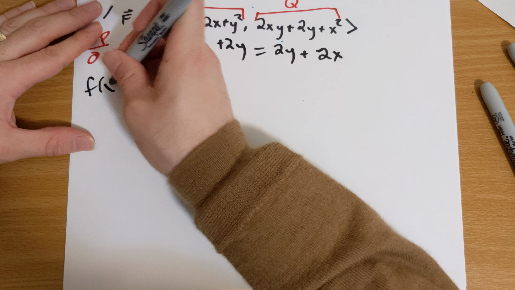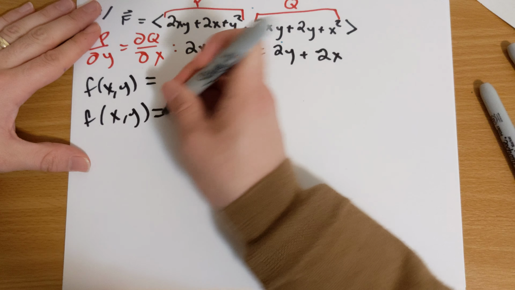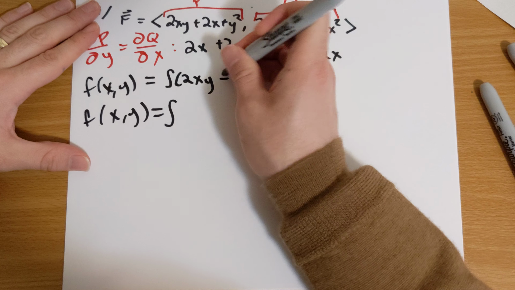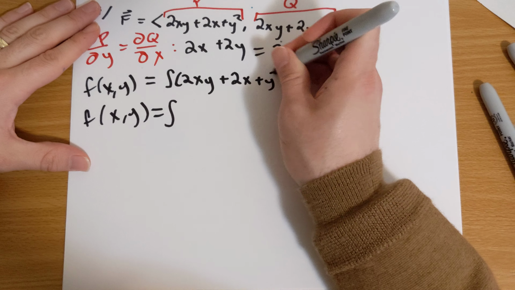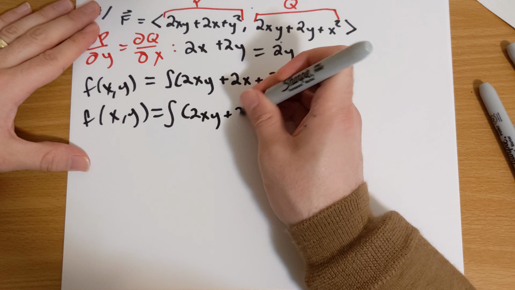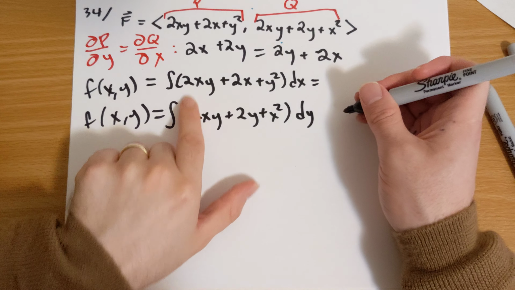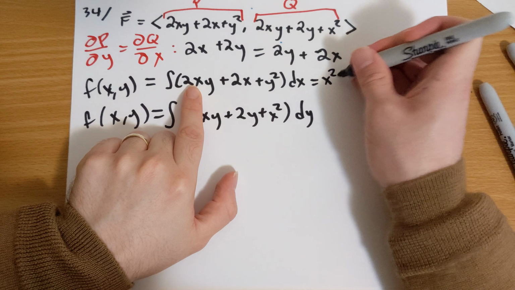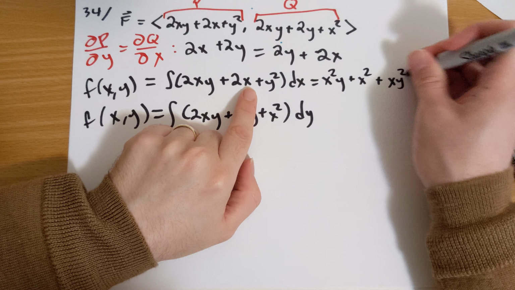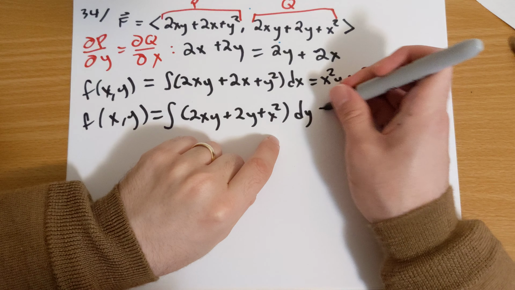Okay, so for f of x, y, we write down two different integral expressions because this is a 2D vector field. We integrate this with respect to x, and we integrate this with respect to y. This will become x squared y plus x squared plus xy squared plus something that maybe depends on y.